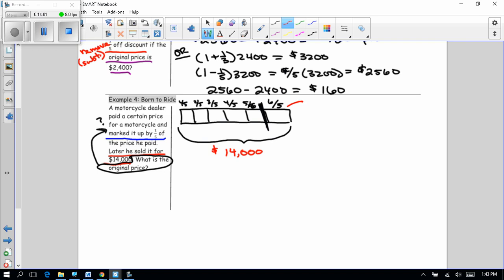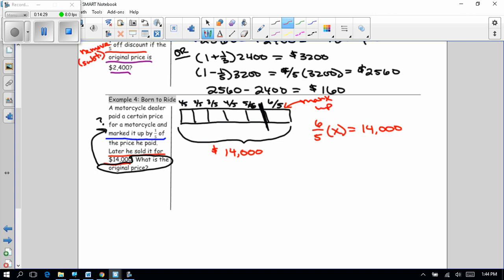Okay, this is the markup. So then we should be able to figure out how much was each one of these originally. Okay, so we have 6/5 times something, I don't know what it is, and that is equal to 14,000.